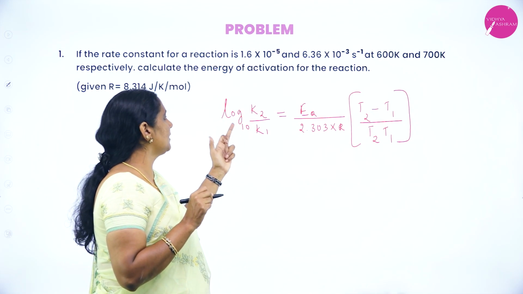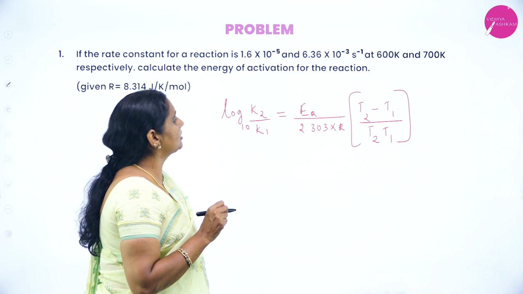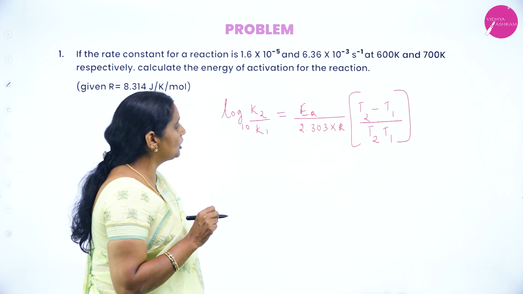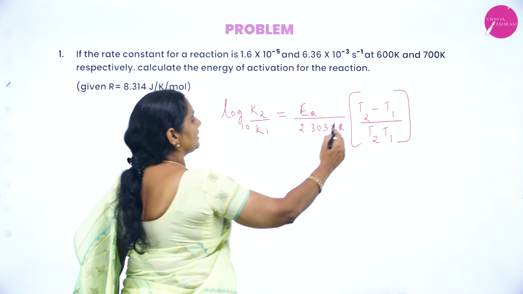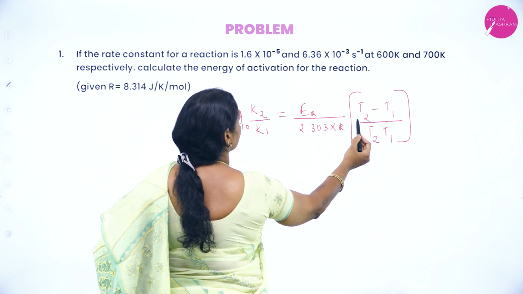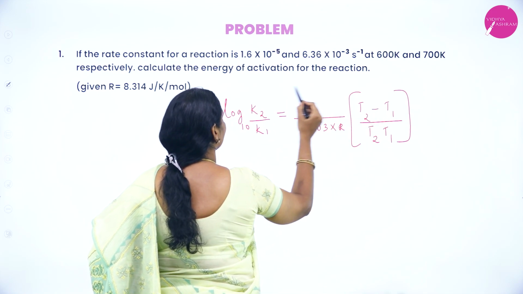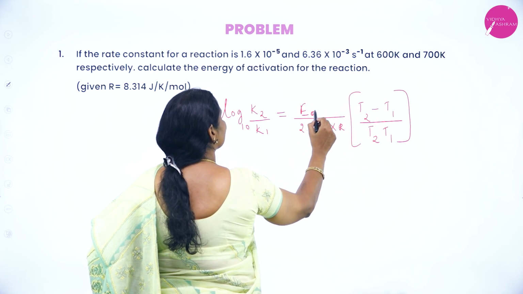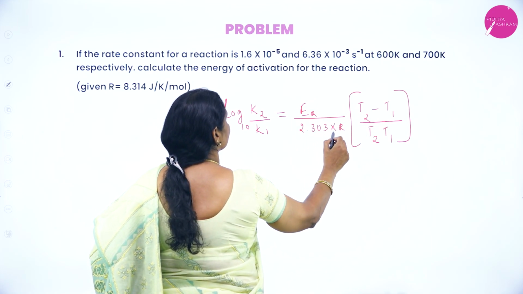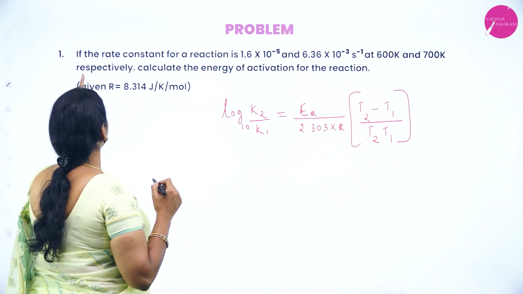Log K2 by K1 to the base 10 is equal to EA by 2.303 R into T2 minus T1 divided by T2 T1, where T1 is the initial temperature, T2 is the final temperature, K1 is the velocity constant at T1, K2 is the velocity constant at T2, EA is activation energy, R is the universal gas constant. Now, please read the question.